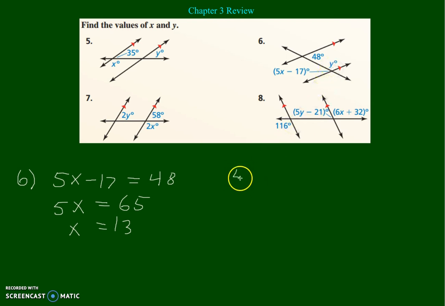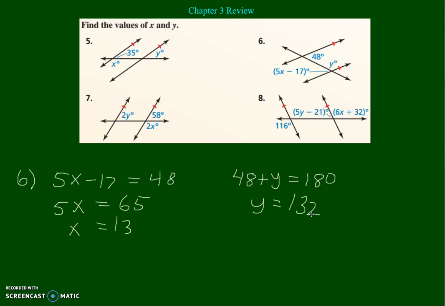So 48 plus y equals 180. Now we will use the subtraction property of equality to subtract 48 from both sides, and y equals 132. That takes care of problem 6.